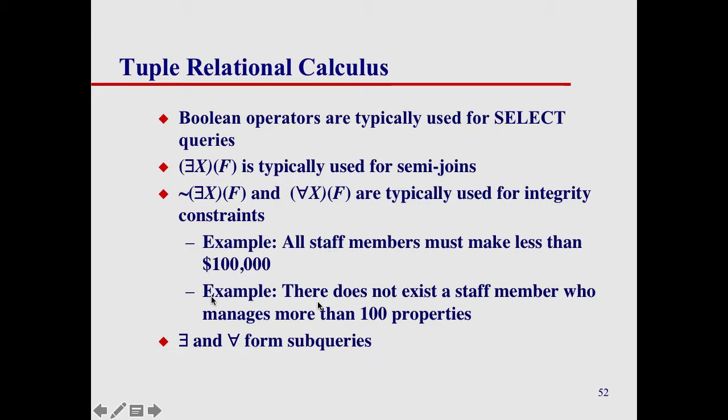For the second example, there does not exist a staff member who manages more than 100 properties. Or equivalently, for all staff members, the number of properties managed is less than 100.